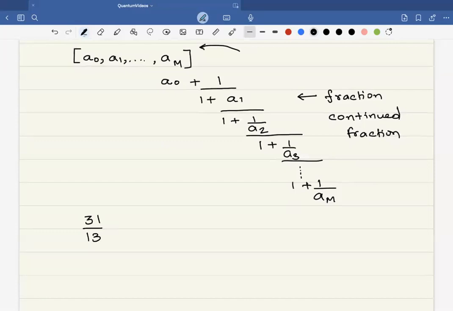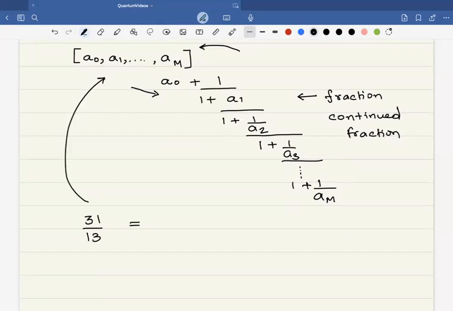And let's try to represent this fraction as a continued fraction. So what would be the representation of this rational number as a set of integers, which can then be written as a continued fraction like this, right? So the procedure or the algorithm is the following.